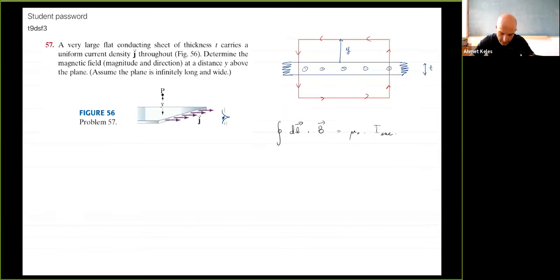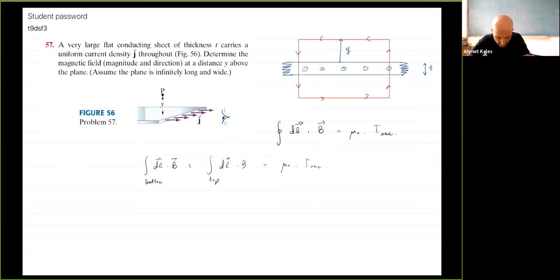So the line integral will split into four pieces. And I said these two pieces will not contribute, so I only need these two contributions. Let's call it the integral of dl dot B at the bottom plus dl dot B at the top, which should be equal to mu0 times I enclosed.